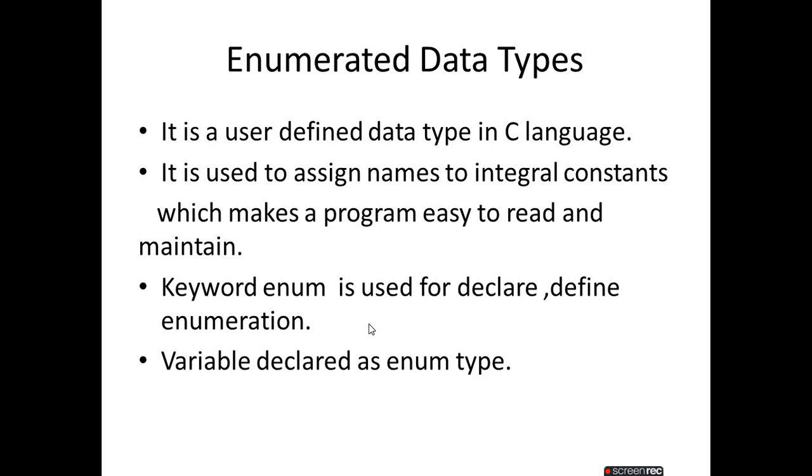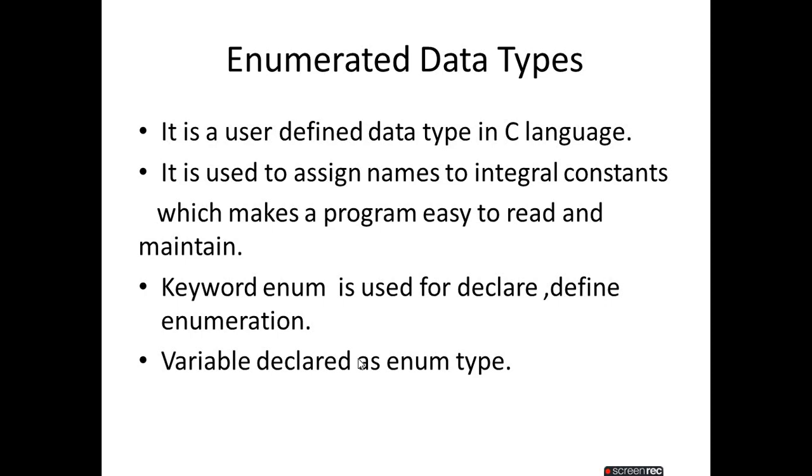Now, variables are also declared as enum type, meaning the type of the variable is enum. I will show you an example. What to learn from this slide: enumerated data type is a user-defined data type in C language.